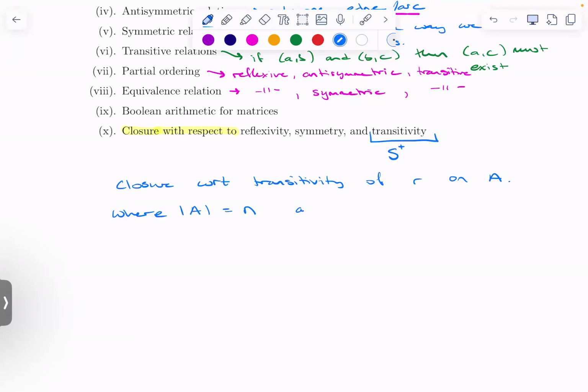And R is the adjacency matrix, the matrix of the relation R.